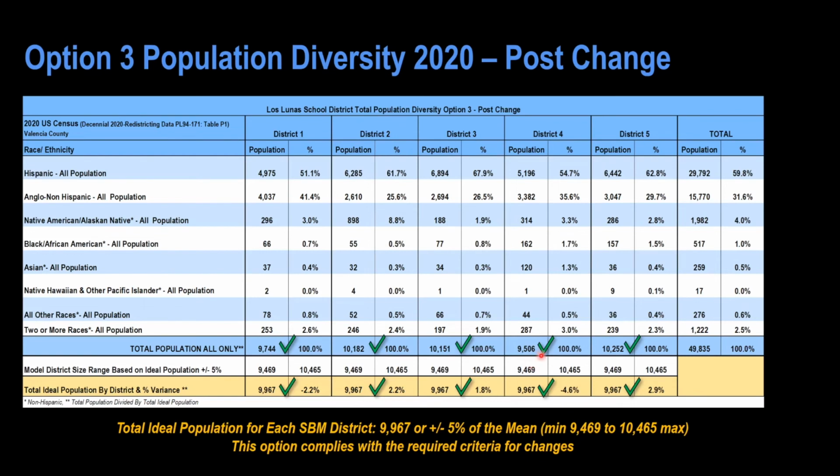District 4 at 9,506 is below that by 4.6%. District 5 at 10,252, we are above by 2.9%. Again, all 5 districts are within plus or minus 5% of the mean. We are within our range for this to be a viable option.